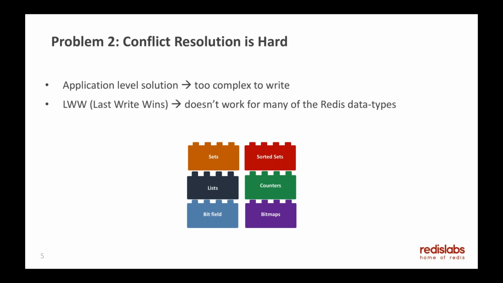The update that happened at the later point of time is the right data. So you resolve the conflict that way. The problem there is, first of all, you need to have all the clocks in sync. And then the second problem is it doesn't work well for all the data structures, especially if you're using Redis data structures. There are better conflict resolution techniques, and we'll discuss those techniques in a while.